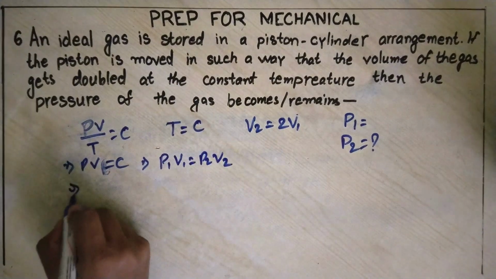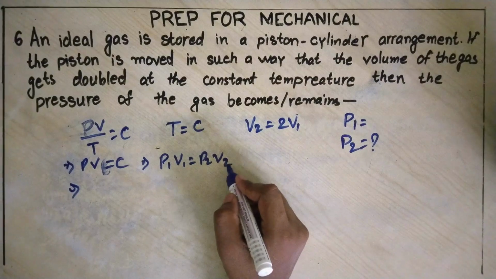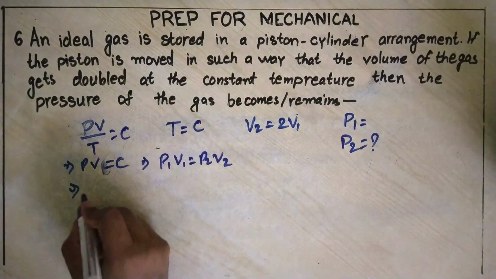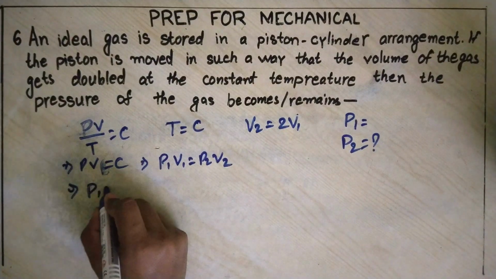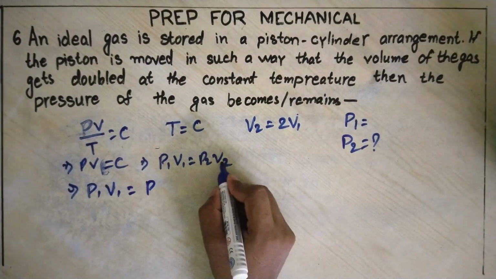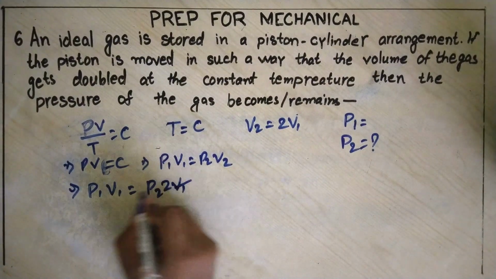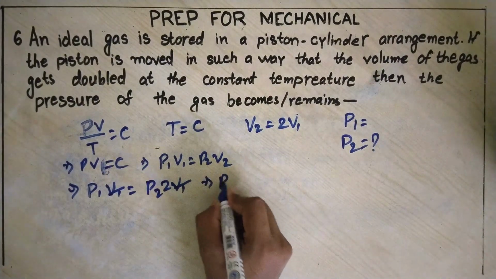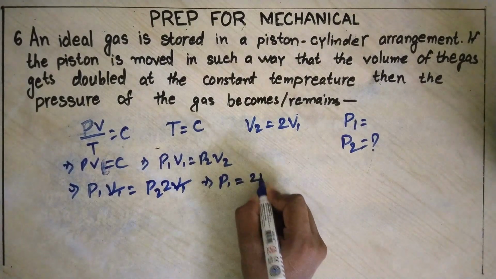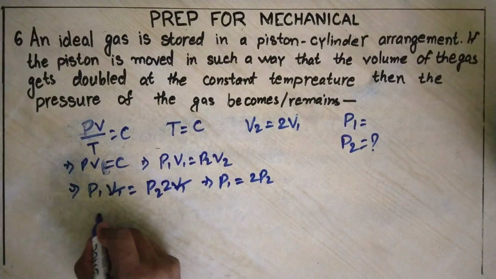By putting the value of V2, P1 V1 equals P2 times 2 V1. V1 cancels out, so P1 equals 2 P2, so the pressure will get halved.